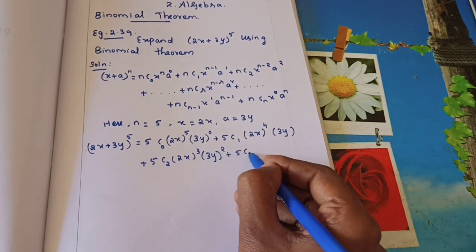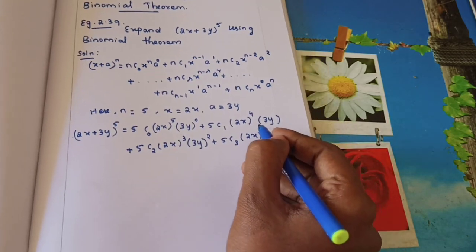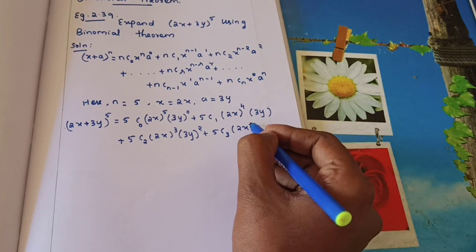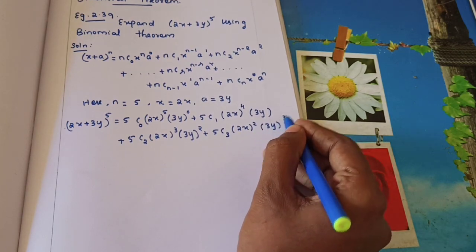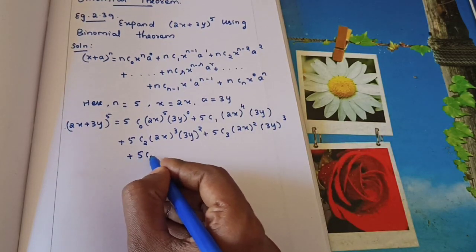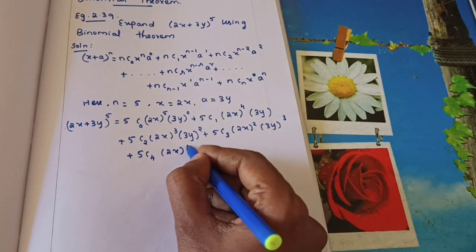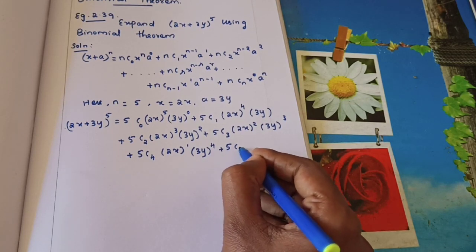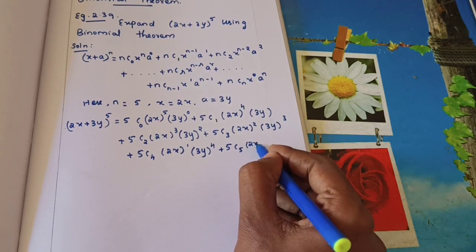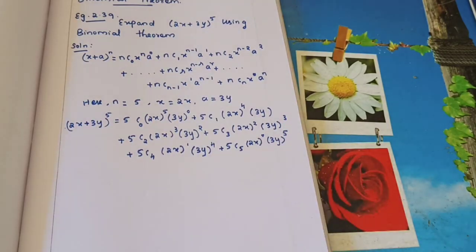Next term 5C3, (2x) power 2, (3y) power 3. Next term 5C4, (2x) power 1, (3y) power 4. Last term 5C5, (2x) the whole power 0, (3y) the whole power 5. Is it right? Is there any other term? No. Okay, so we will stop here.